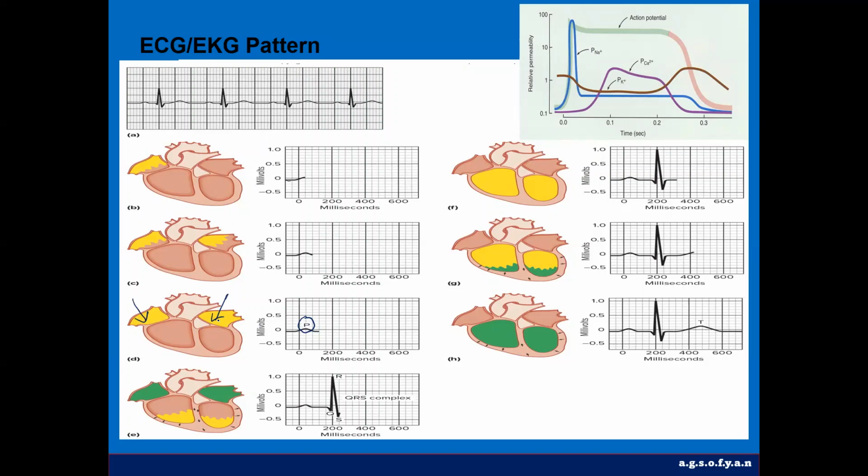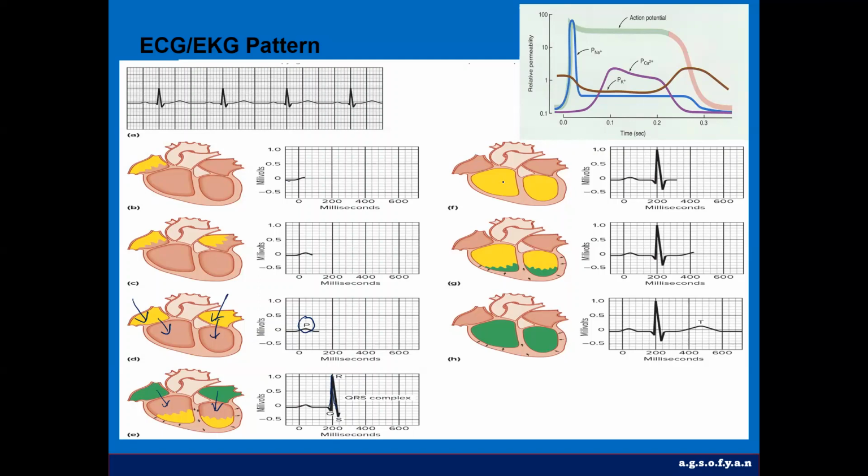It will push the blood down to the right ventricle and also the left ventricle. And the calcium channel will be opening at that time. So the calcium will be increasing during the time where the blood is filling the ventricle.